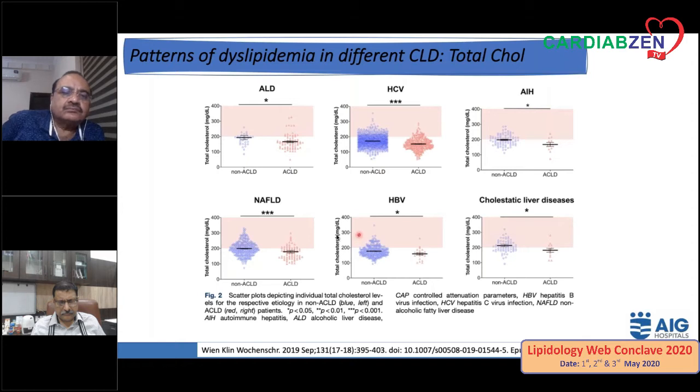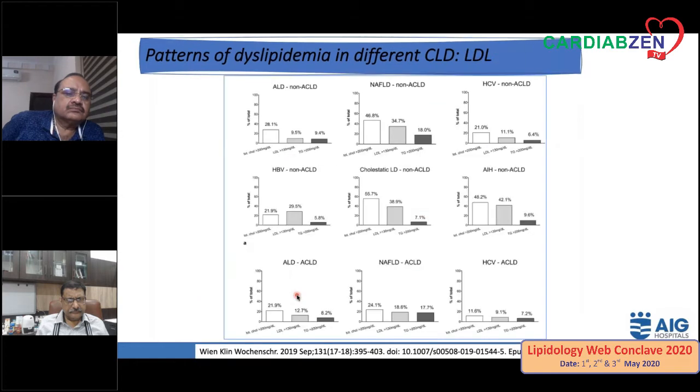They found that in all 4 of the diseases, the total cholesterol levels were a little higher in patients with alcoholic liver disease when compared to the controls. The LDL levels similarly were particularly higher in patients with alcohol, NAFL, and hepatitis C.